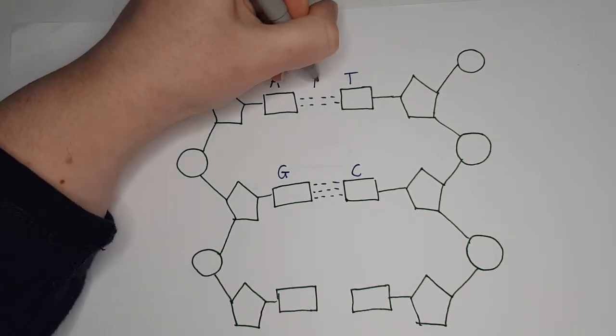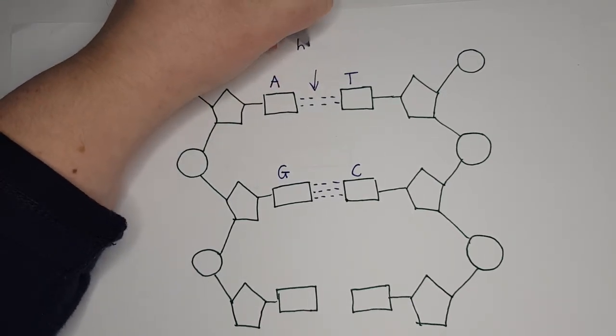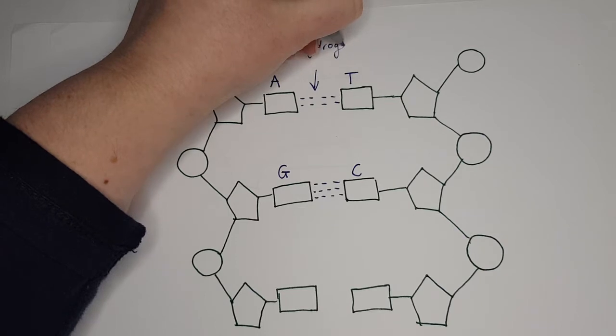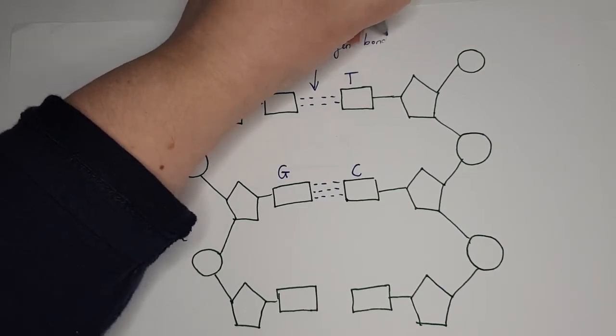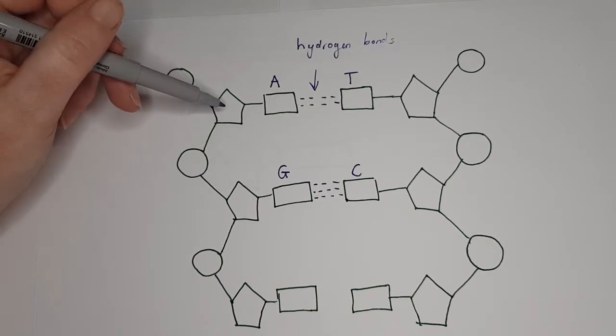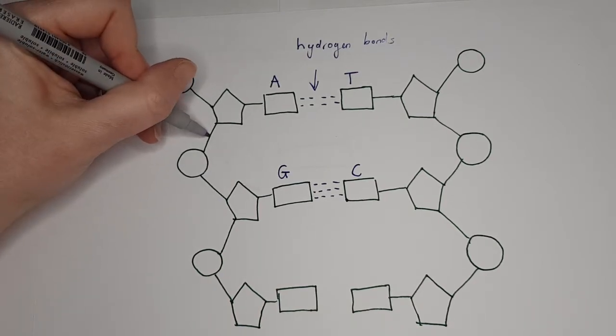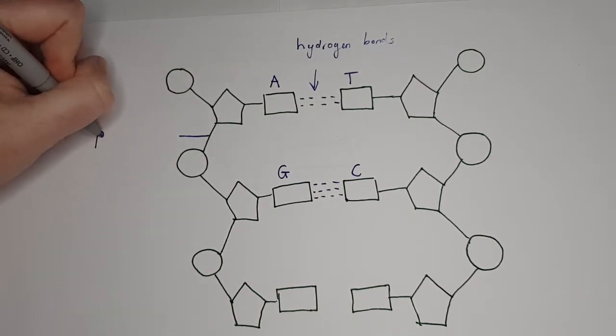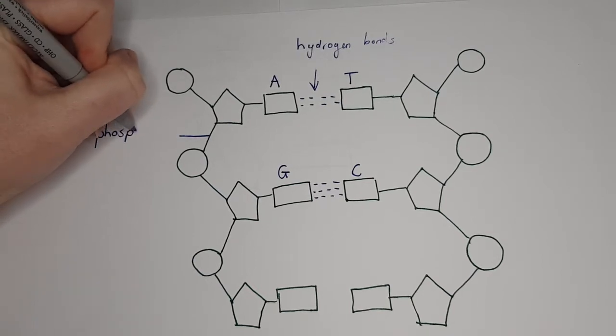So we have hydrogen bonds holding in the middle, and then to connect your sugar phosphate backbone from one nucleotide to the other, that bond is called a phosphodiester bond.